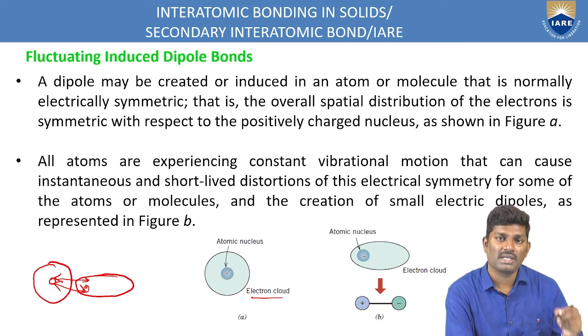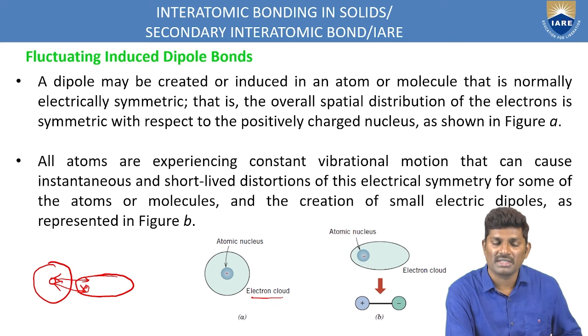Because of that change in position of the atom and change in the symmetric nature, there is no strong bonding between the atoms. That's why you are getting very weak bonding. So this is one type where you get the secondary type of bonding, that is fluctuations.